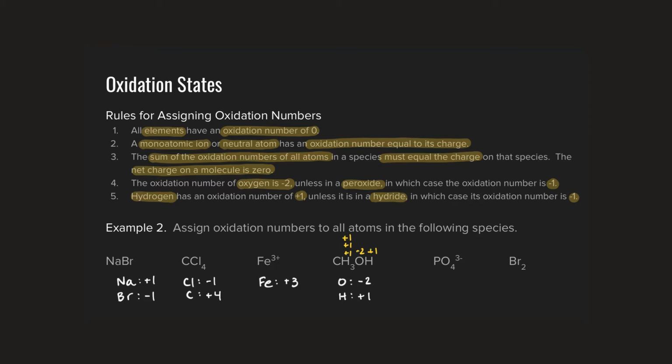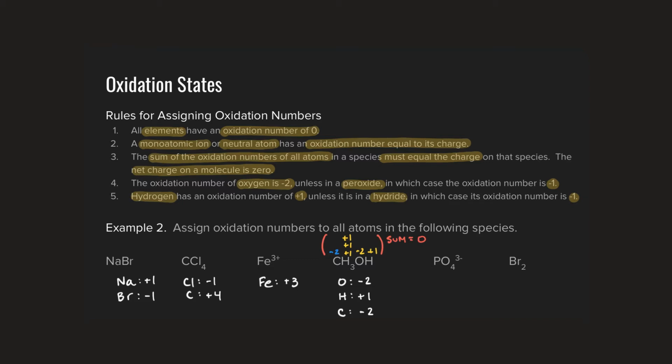That would imply, therefore, that the oxidation number on my carbon atom in this instance has to be -2, such that my 1 -2 carbon plus 4 +1 hydrogens plus 1 -2 oxygen, the sum of all of those oxidation numbers equals 0. So that one's a little bit trickier here.